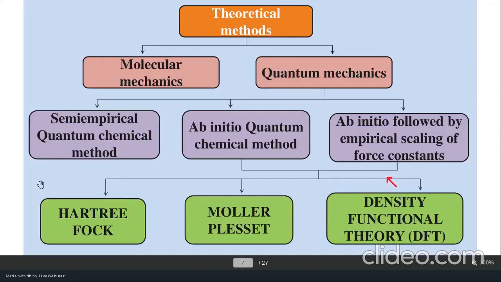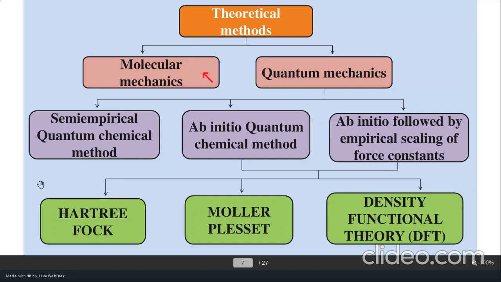Here are some theoretical methods which we have used. These are described by two methods, the molecular mechanics method and the quantum mechanics method. In the molecular mechanics method, we deal with many-atom systems, thousands of atoms or more.